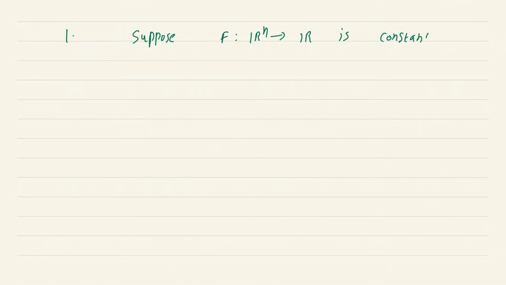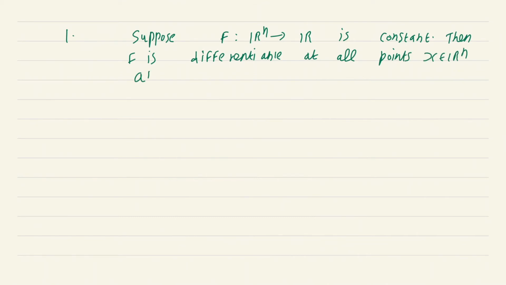Then f is differentiable at all points x in Rn, and as you can guess, dfx is going to be 0, the 0 functional.